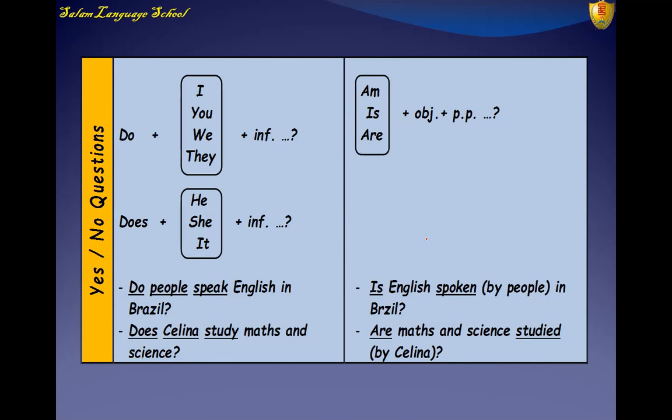But in the passive voice, we can form the question like this one. We'll start with am, is, are, then the object, then the past participle. For example, is English spoken by people in Brazil? Or are math and science studied by Selena?